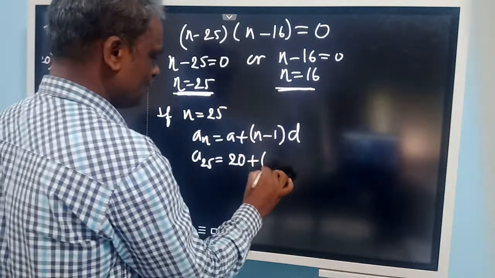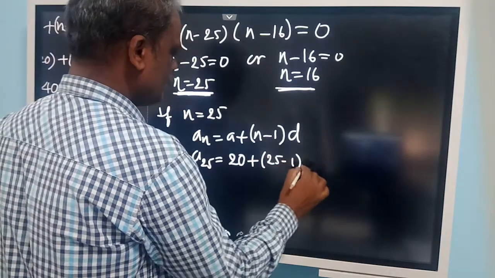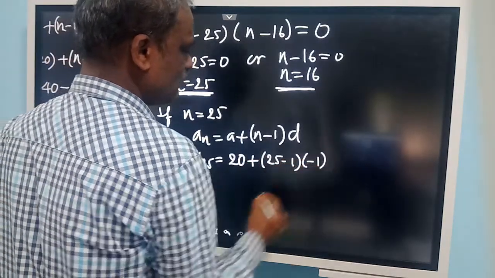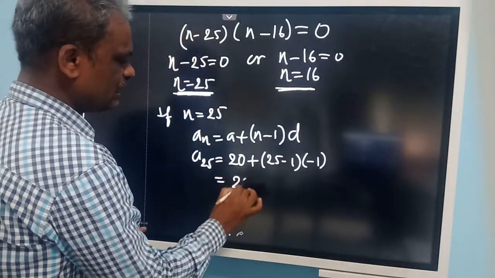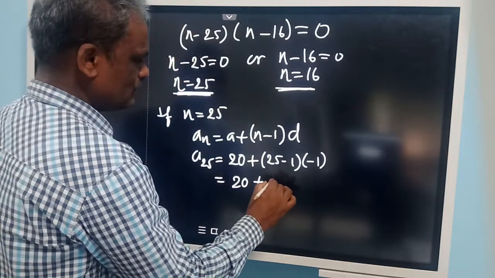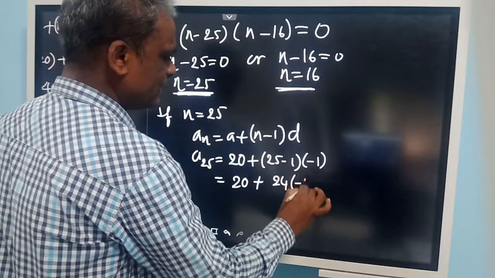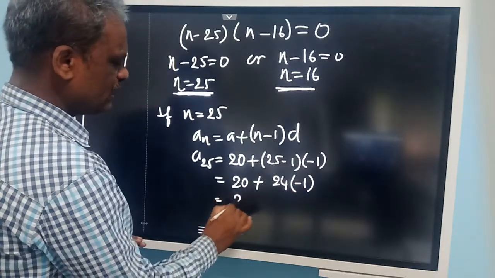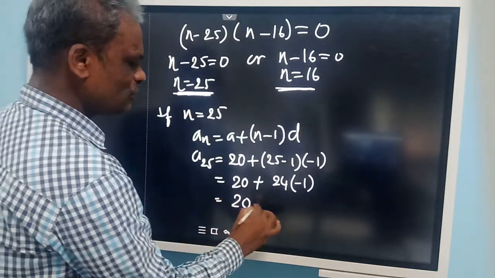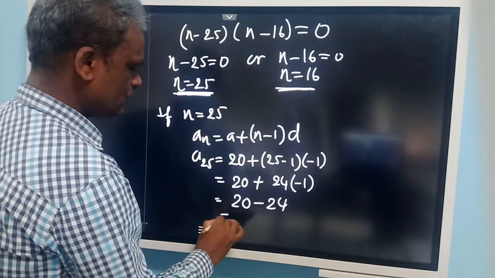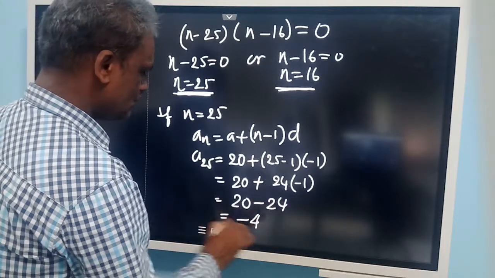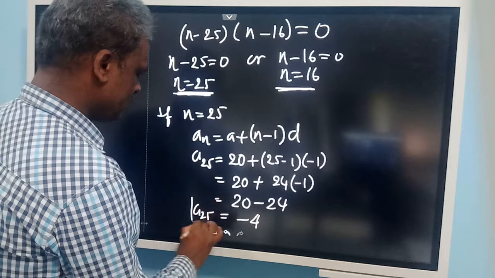Then n minus 1, 25 minus 1, d is minus 1. Simplify this one, 20 plus 24 into minus 1. So 20 minus 24. What is the answer you are getting? Minus 4. So a25 is minus 4.